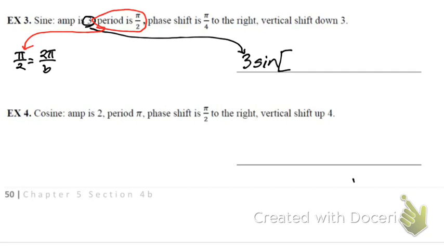Well, this is just solving it. You multiply both sides by b, so we have b times pi over 2 equals 2 pi. Then multiply by the reciprocal of pi over 2, which is 2 over pi, so b equals, your pi's cancel out, and you're just left with b equals 4.